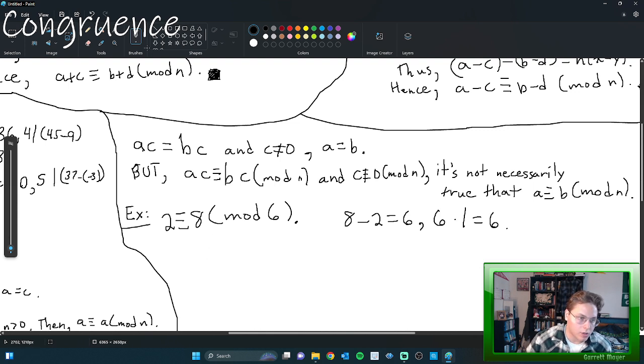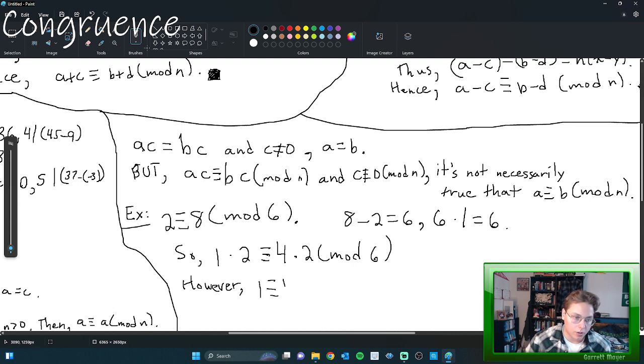Okay, so 1 times 2 is congruent to 4 times 2 mod 6. However, 1 is not congruent to 4 mod 6, because 4 minus 1 is just 3.